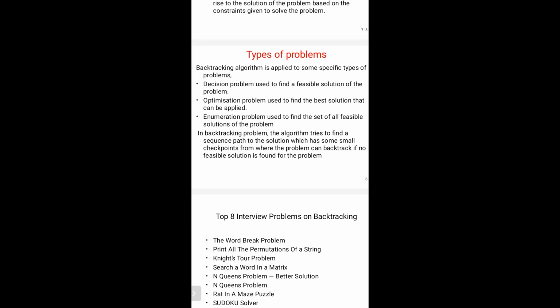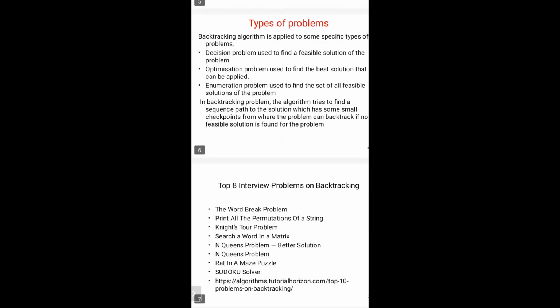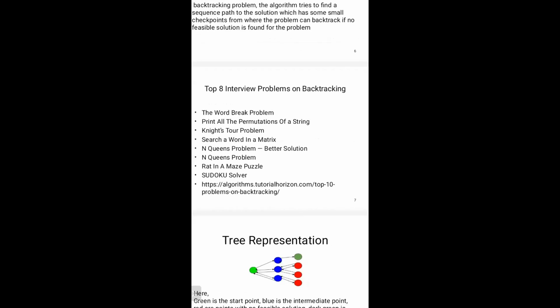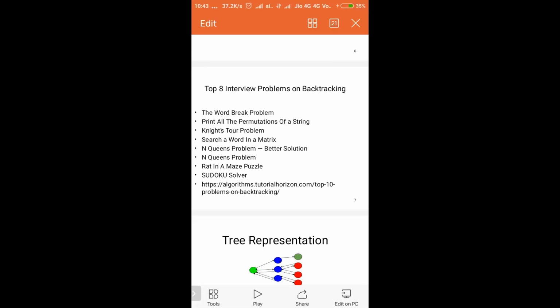So what are the top 8 interview problems on backtracking? Based on backtracking, what are the different problems generally asked in the interview exams? The word break problem is one example. Another one is print all the permutations of a string.